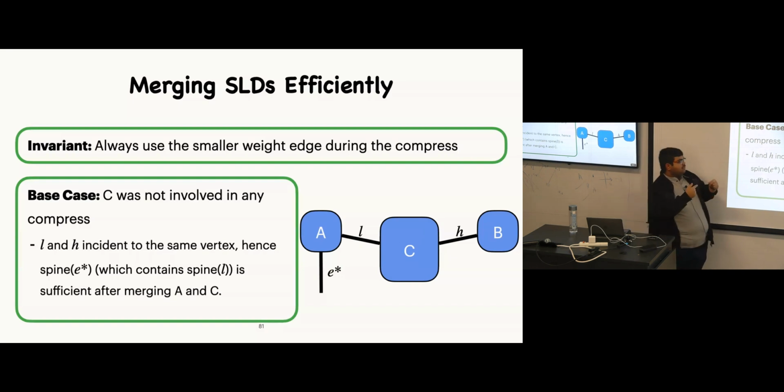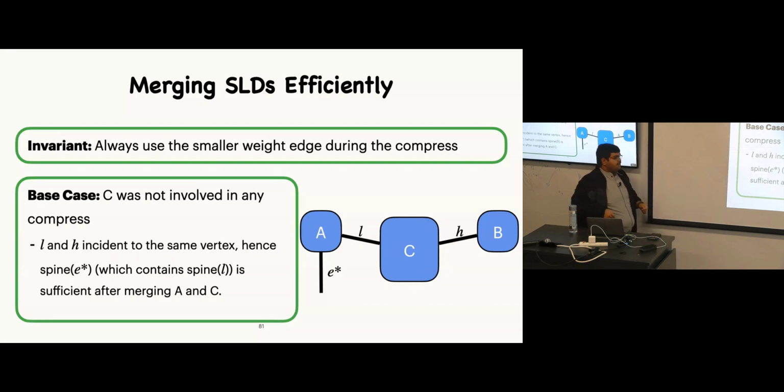So any future merge would require basically the spine corresponding to the min weight edge in cluster A, and it also requires the spine of L, right?